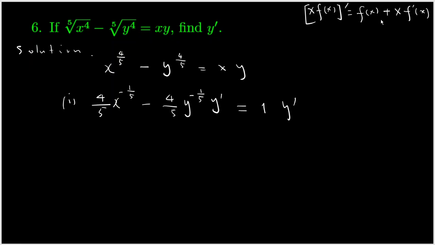So that is the proper way. Now using the y notation, you have y plus x times y prime. Okay, that's what Brooke told me. Y plus x times y prime. Okay.